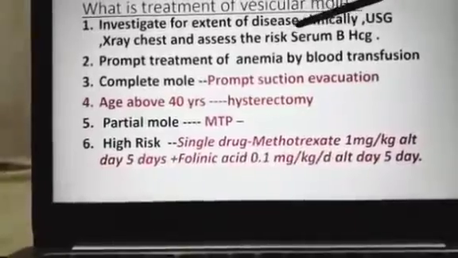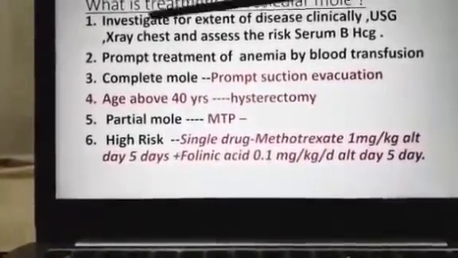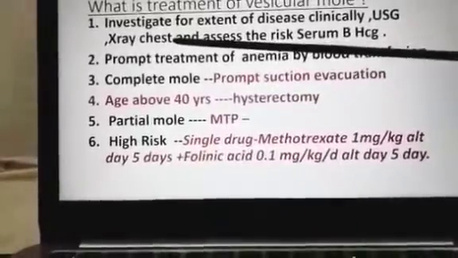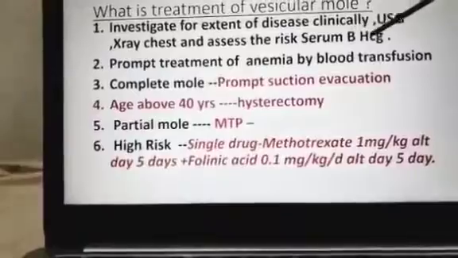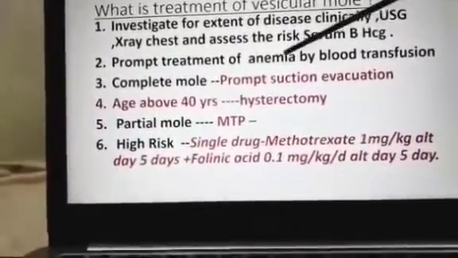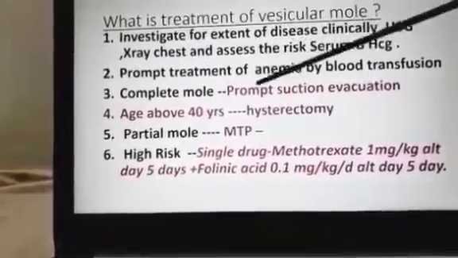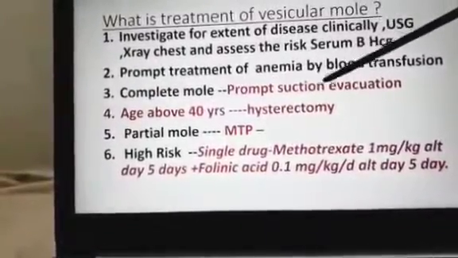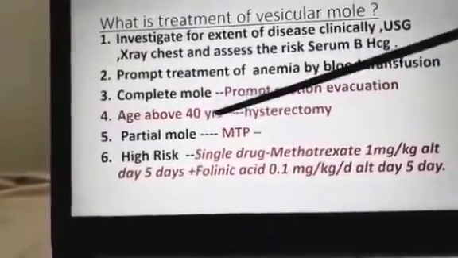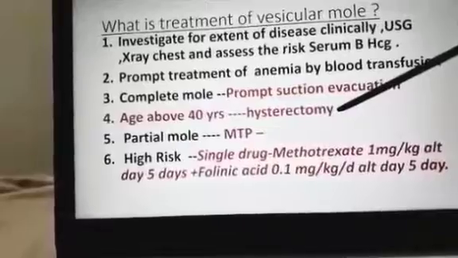Investigate the patient for the extent of the disease clinically and by sonography. Rule out secondaries in the lungs with X-ray chest and estimate the serum HCG levels. Prompt treatment of anemia with blood transfusion, which can be started simultaneously with evacuation. Complete molar pregnancy, suction evacuation is done. Patient above 40 years with molar pregnancy is subjected to hysterectomy.